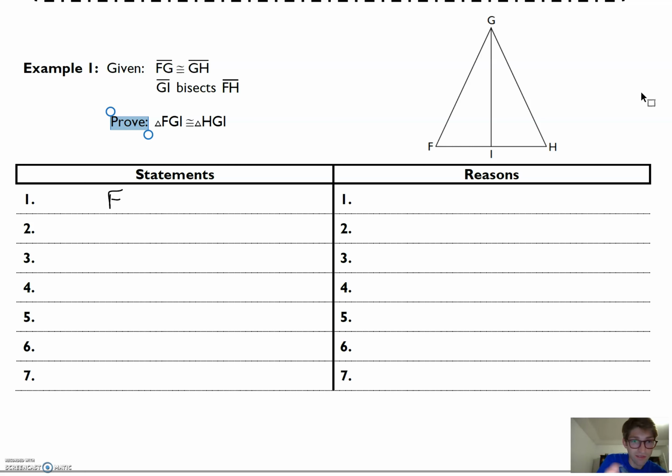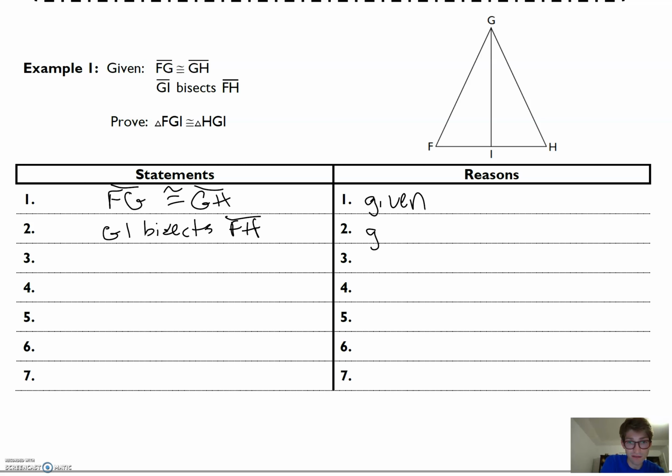So we have FG is congruent to GH. That's given. And our next line is that GI bisects FH. That's given. Now, as I have been saying, you read the word bisects even though it's not written very nicely, we're thinking about something.